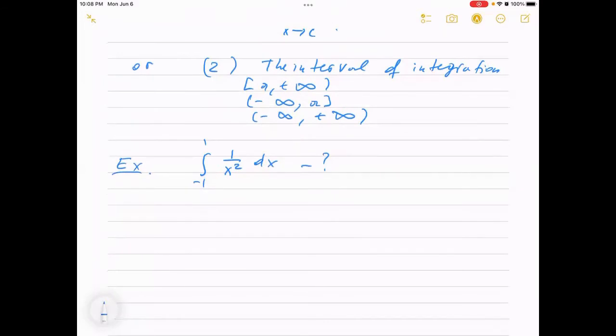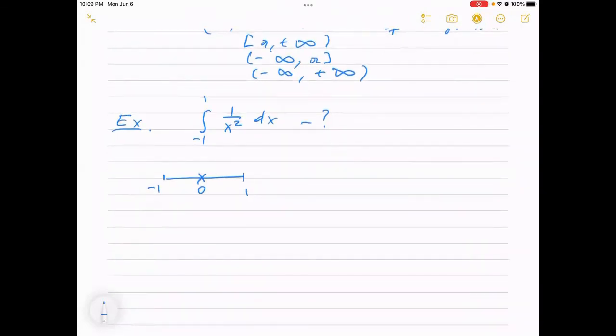We look at our interval from -1 to 1, and we know we have a discontinuity at 0, and that discontinuity is an infinite discontinuity. So we're going to break our integral from -1 to 1 of 1 over x squared dx into two integrals: one from -1 to 0 of 1 over x squared dx, plus the integral from 0 to 1 of 1 over x squared dx.